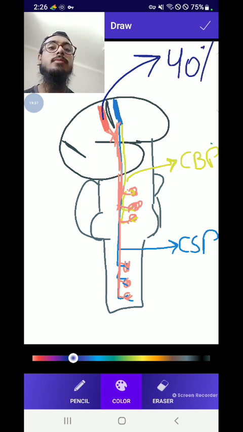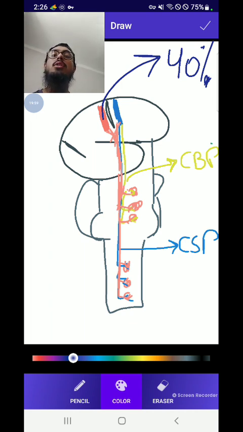Okay, 40%, it is involved. So guys, these are all about the primary somatosensory cortex, its pathways, its functions, and its relation with the motor area of the brain, which is the primary motor cortex.